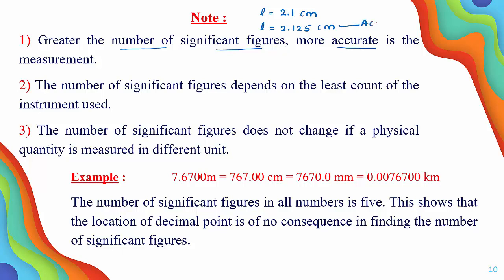This is more accurate because it has more significant figures. Compared to 2.1, 2.125 is more accurate. When the number of significant figures is greater, it is more accurate. What is the first point? Greater the number of significant figures, more accurate is the measurement. Then the second point: the number of significant figures depends on the least count of the instrument used.